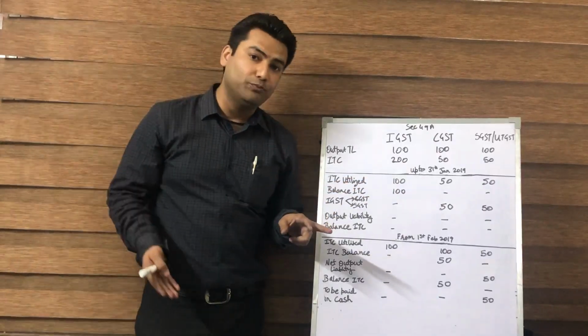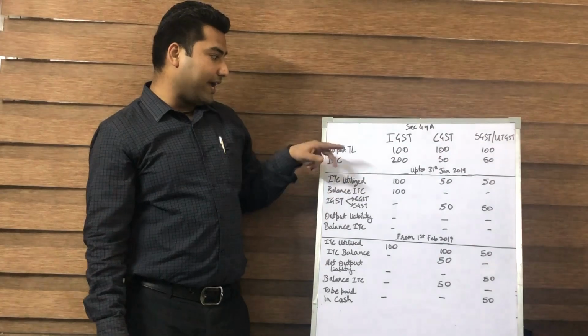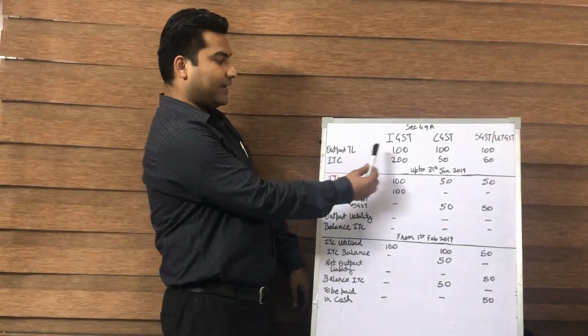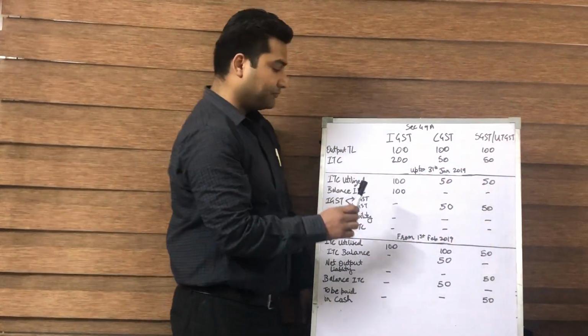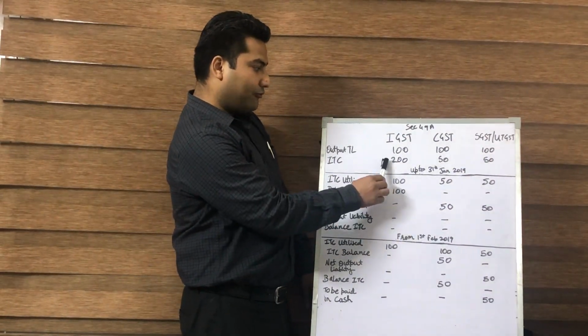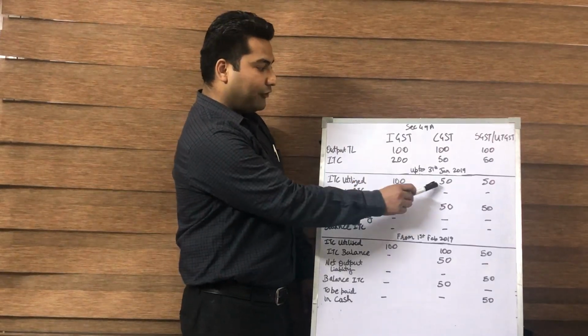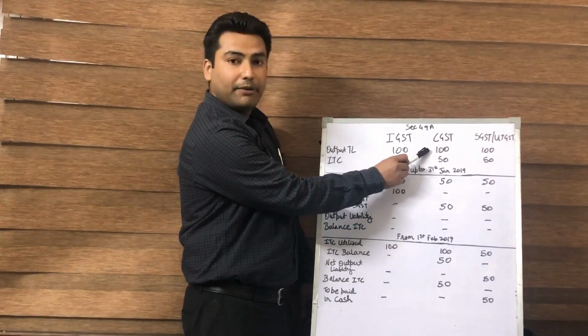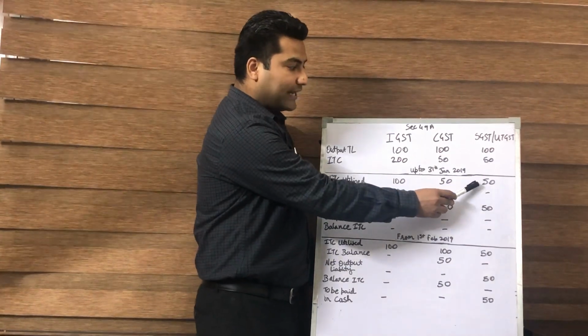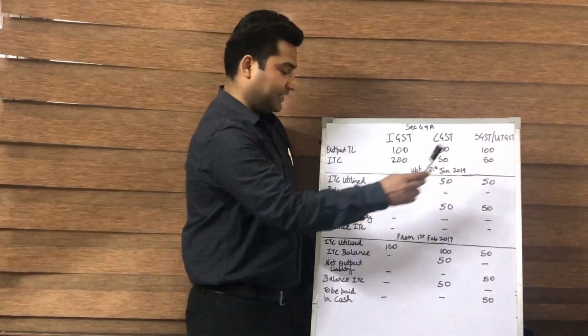So what I used to do till 31st of January is, now I have to make the payment of output tax liability of 100, 100 and 100. First I will be utilizing 100 rupees towards the payment of IGST, 50 rupees towards the payment of CGST and 50 rupees towards the payment of SGST or UTGST.